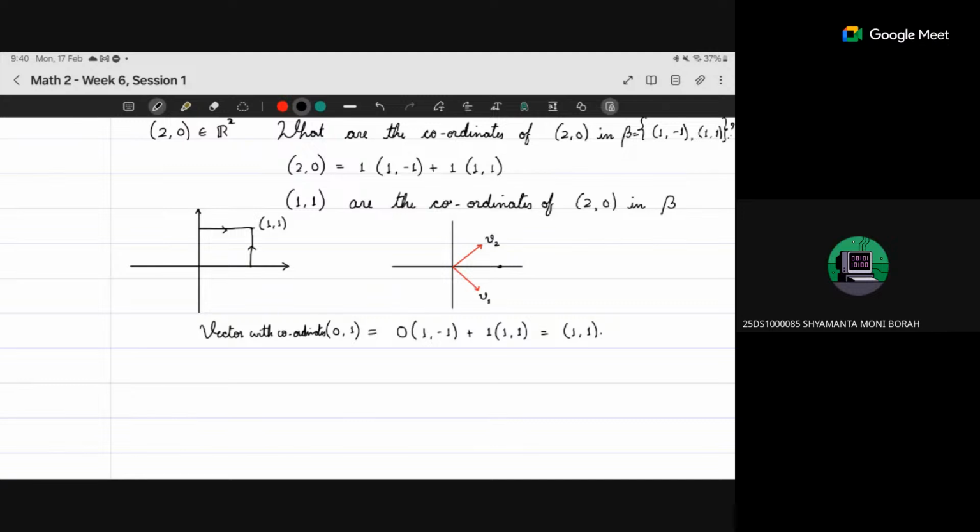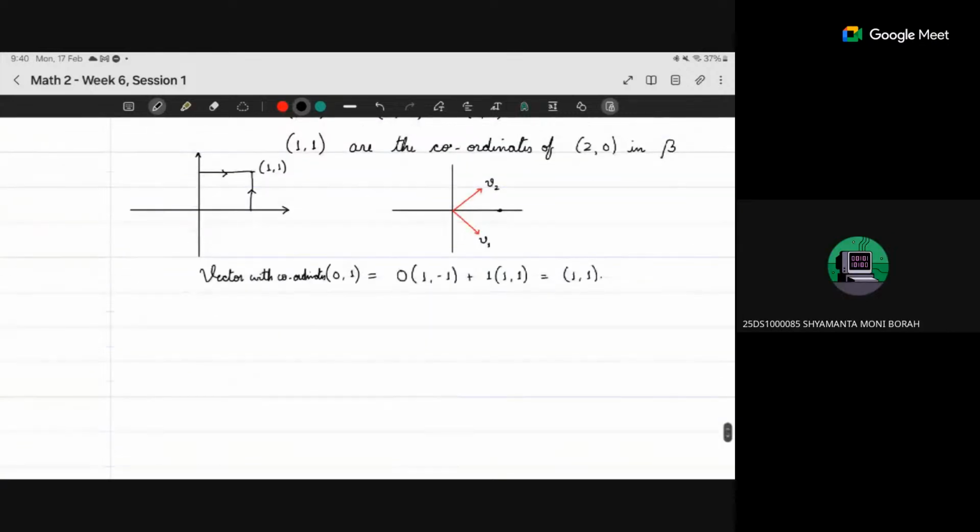Confused still? Yes, sir. Not getting it. Okay. So if you have a basis v1, v2, let me call this basis gamma. If gamma is the basis of R2, let's stay in R2 until we get this clarified. Any vector v can be written as c1 v1 plus c2 v2.